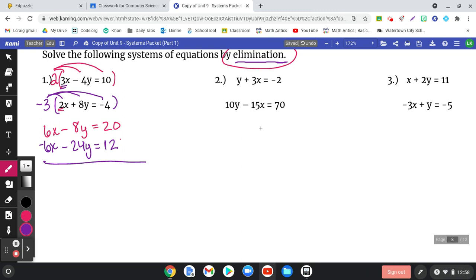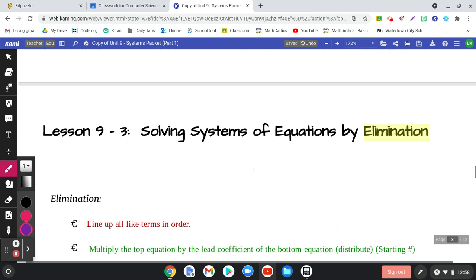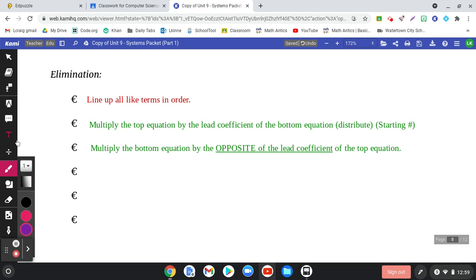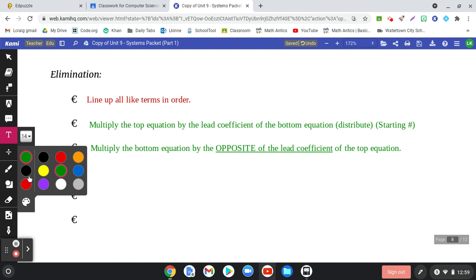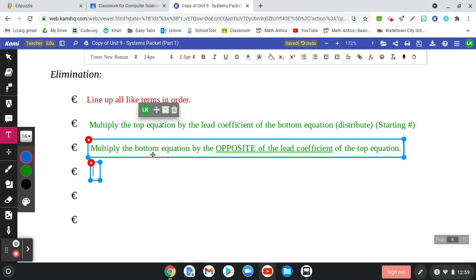It's also sometimes called addition. So I'll make a note of that up here. All right, so elimination is sometimes called addition because we're going to add the two equations together. All right, let's add in just a few more notes here, a few more steps. So now we're going to add like terms, basically in the columns.